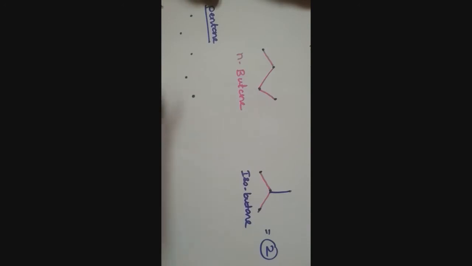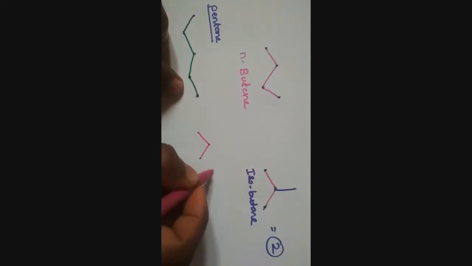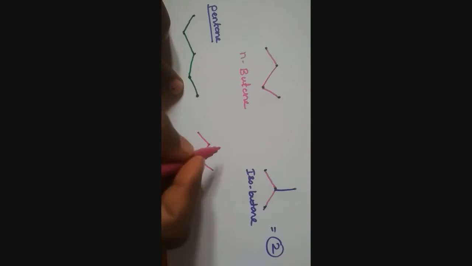When we come to pentane, 5 carbon atoms are there. See, 1, 2, 3, 4, 5 carbon atoms. You can join them through bond lines. See, CH3, CH2, CH2, CH2, CH3. This can be written in isomer forms. You can write a 4-carbon parent chain and attach one more group, that is CH3.